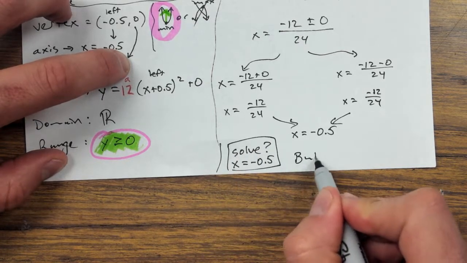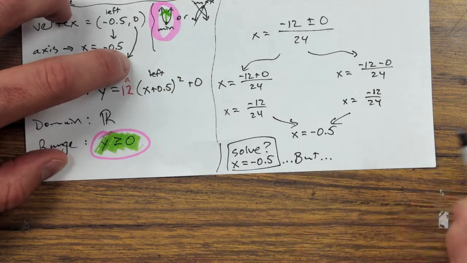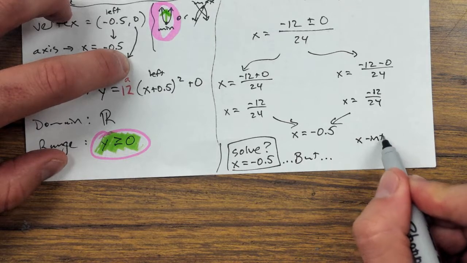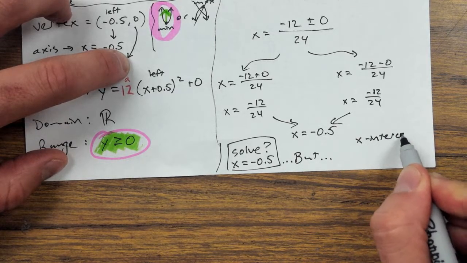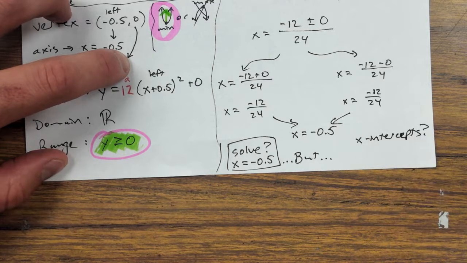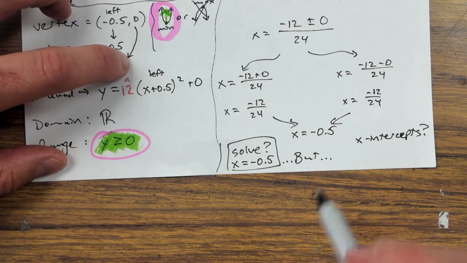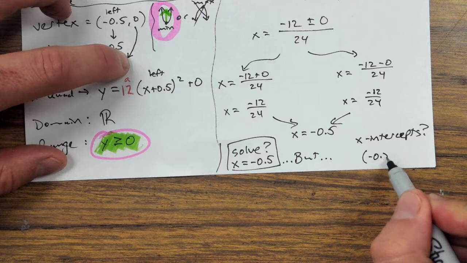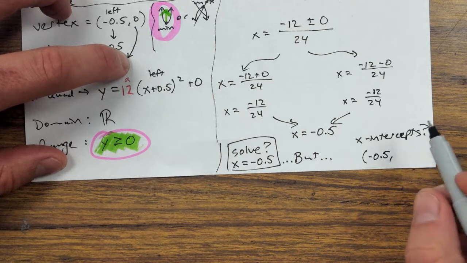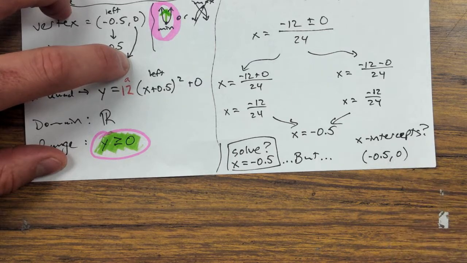But if your question says x-intercepts, your answer must be written like this: negative 0.5 comma 0.